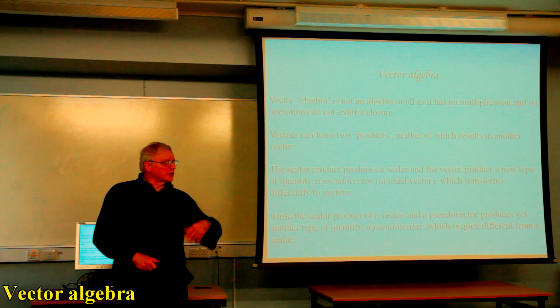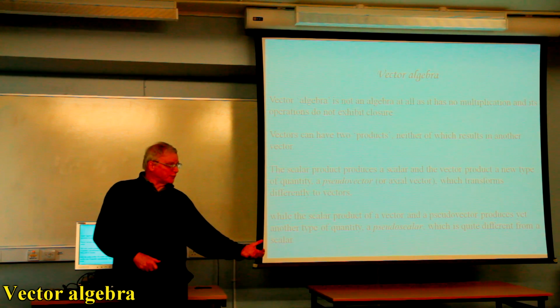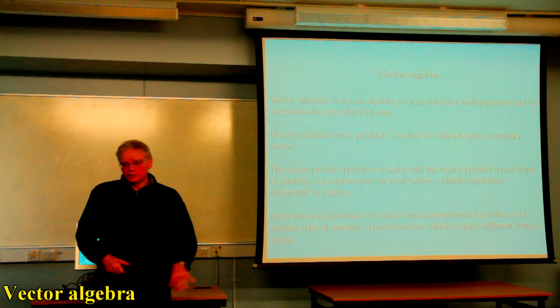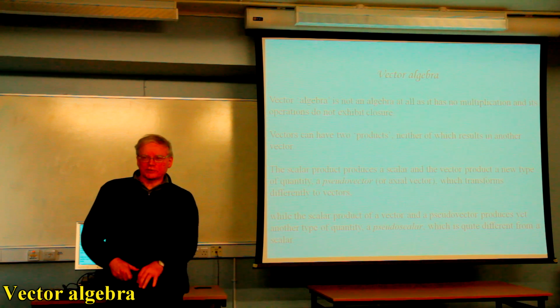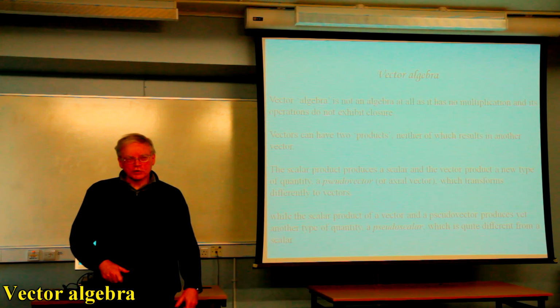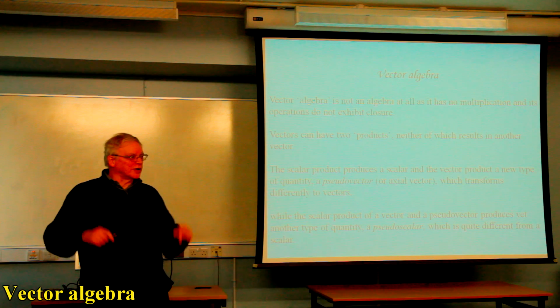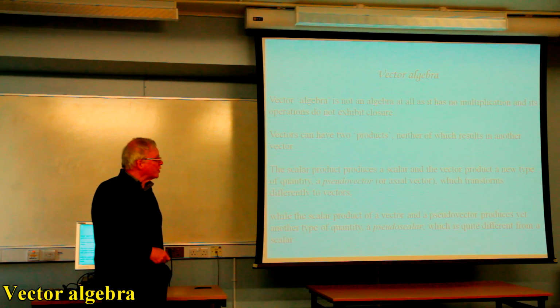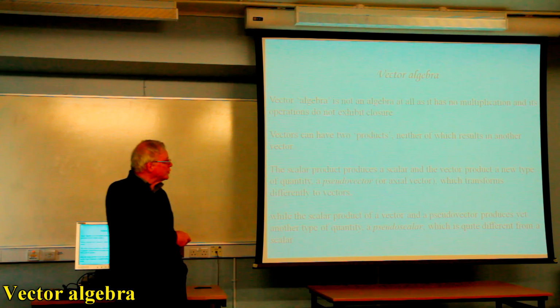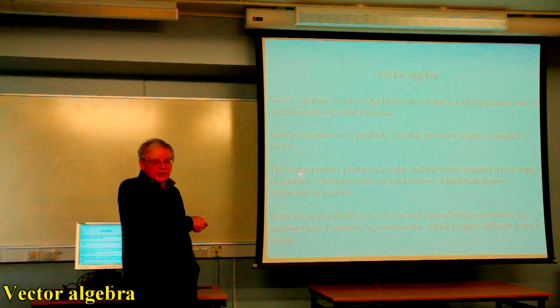An algebra requires closure. You start off with the same type of things as you end up with. So there's no way you can multiply two vectors to get a vector. It's not even multiplication, it's some other operation. You can do operations between two vectors, but you don't get a vector with either operation.